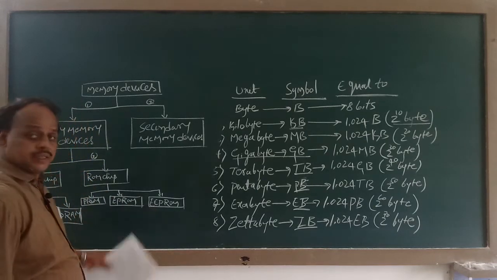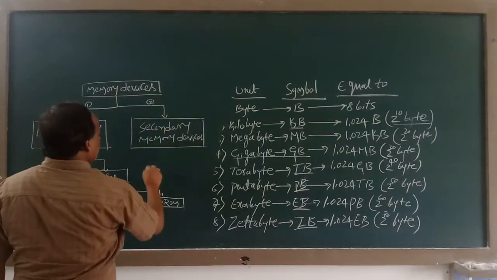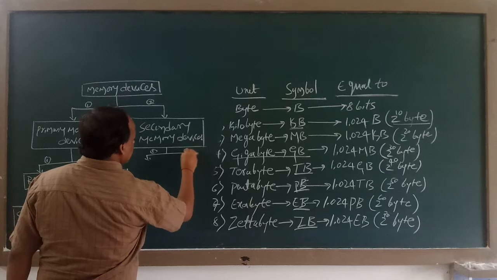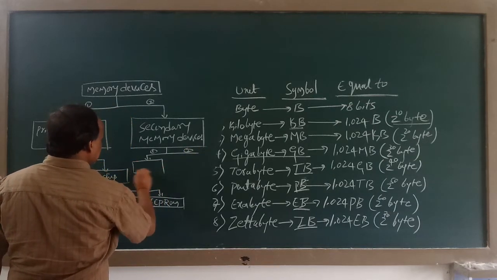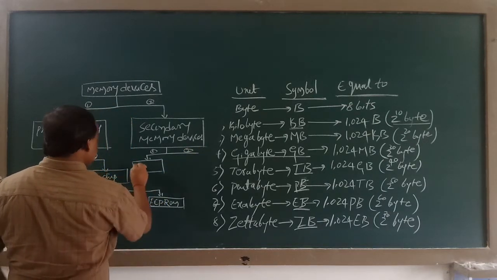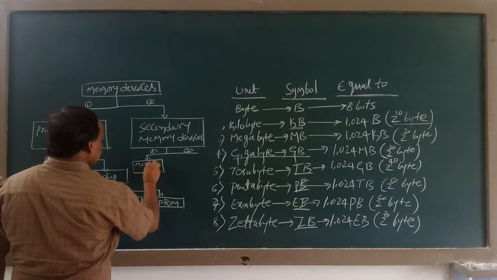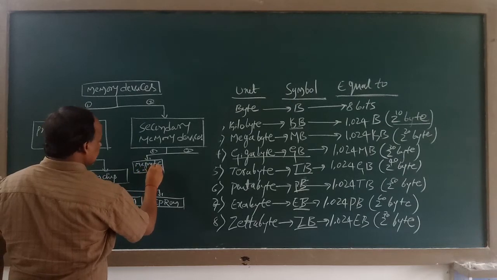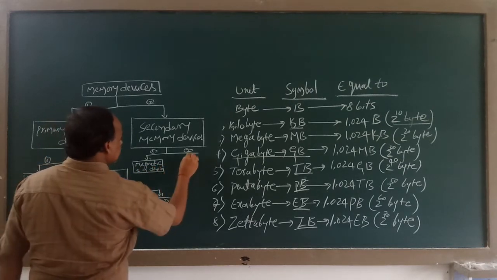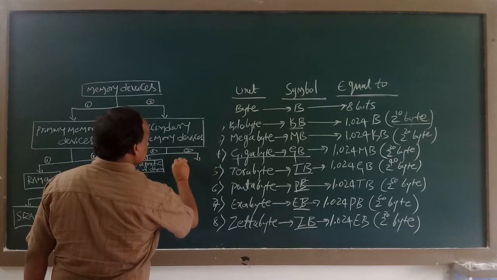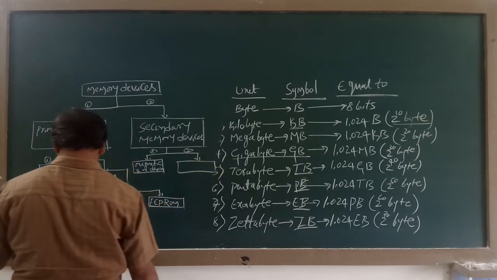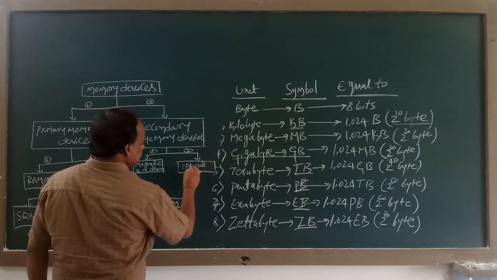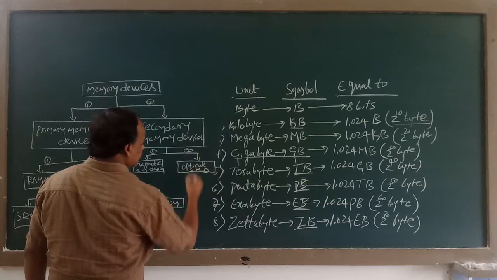And secondary memory devices are mainly classified into two types. First one is magnetic secondary memory devices, and the second one is optical secondary memory devices.